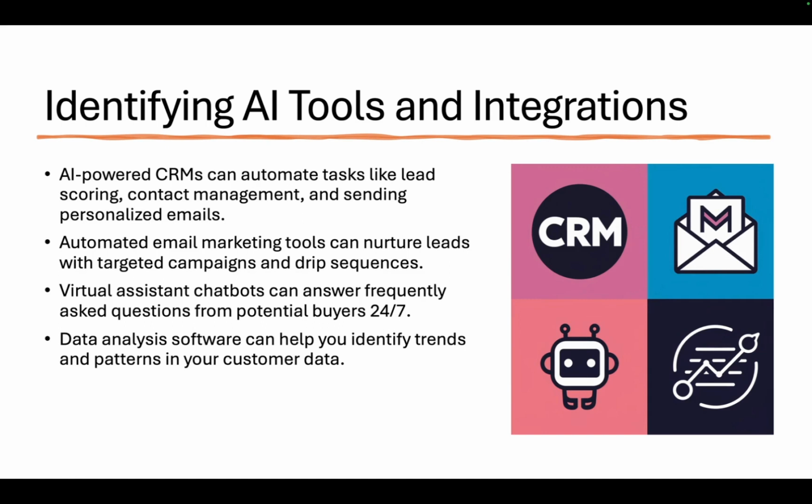You can automate the email marketing tools and how you nurture those leads. Things like virtual assistants or chatbots, they're always running. You can integrate the chatbots into your social media platforms as well, and all of that is automatic now. So you don't have any reason not to be able to engage anyone that comes in contact with any of the touch points within your business, be it social media, email, or via your website.